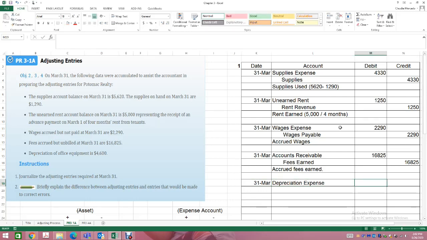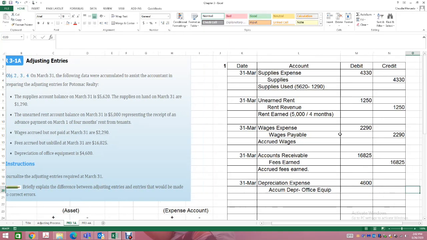The depreciation expense that they gave you here was $4,600. So we debit depreciation expense and we always credit accumulated depreciation, and this is for the office equipment, $4,600. Whenever an asset gets depreciated, you will always debit depreciation expense.